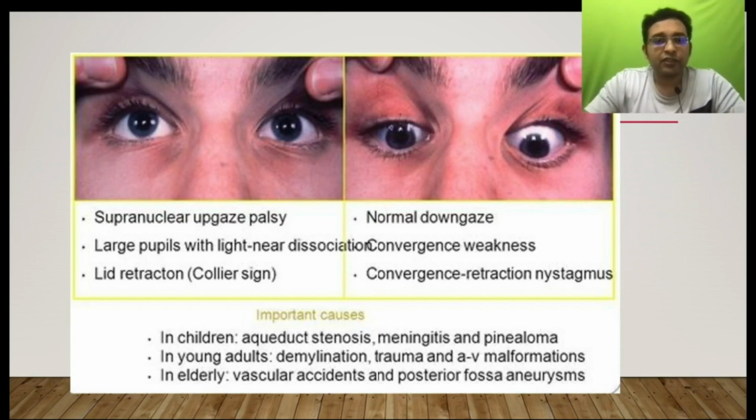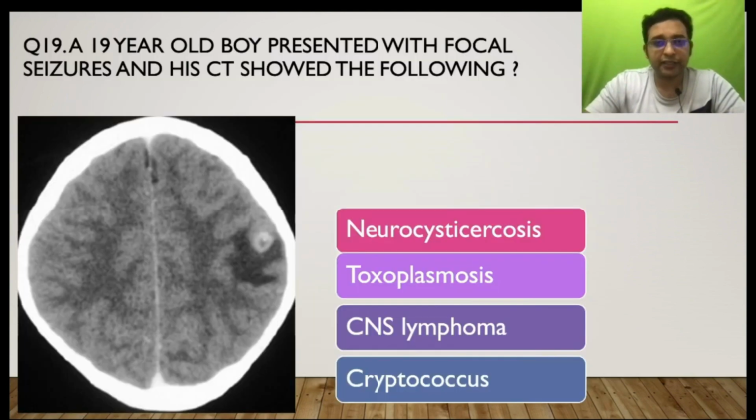It has other features like Collier's sign, which is delayed retraction, then convergence retraction nystagmus, and the causes vary according to the age group. It could be due to aqueductal stenosis, or in adults it could be demyelination, trauma, or AV malformation, and it could occur due to posterior fossa aneurysms even. So just see the 5 Neurophilia series for a detailed explanation.